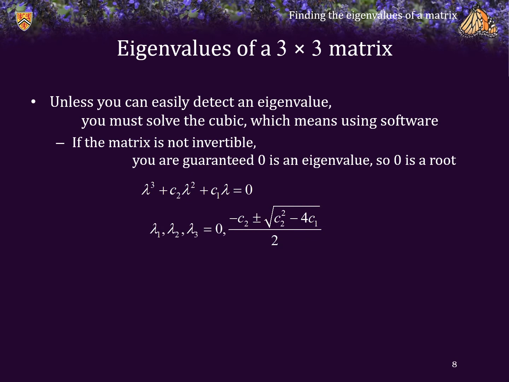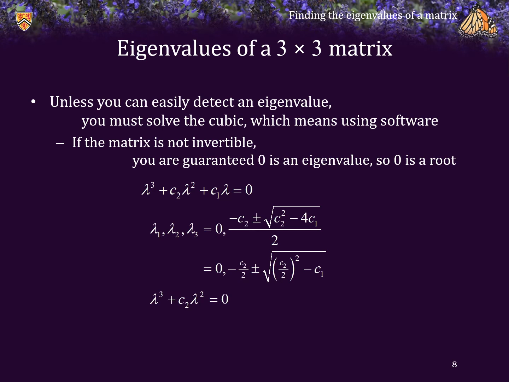Therefore, the three roots would be 0 and this expression on the right. And from a few slides ago, this should look familiar. So it's just basically negative C2 over 2 plus or minus the root of C2 over 2 all squared minus C1. So those would be our three eigenvalues.